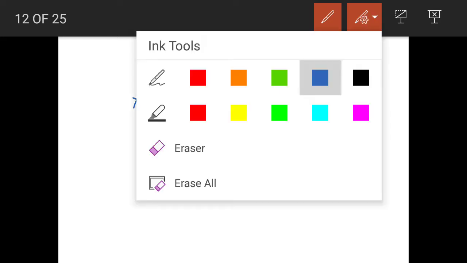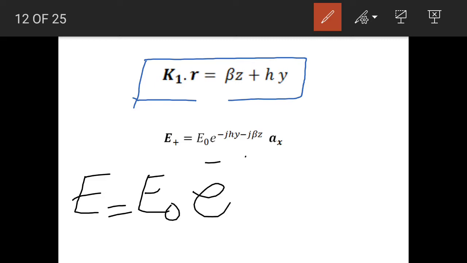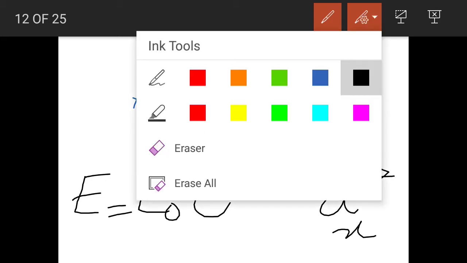We know that the electric field intensity will be equal to E naught into e raised to power minus j k1 dot r. So this is a vector quantity and this is a vector quantity as well, and this electric field intensity is along x-axis. So we put the value of k1 dot r in this particular equation.